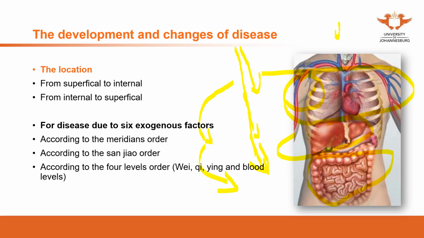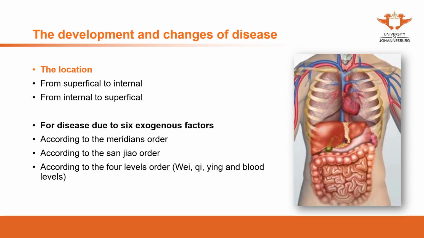So you can see the disease develops deeper and deeper from upper to middle to lower jaw. If the disease happens in the other direction, from the lower jaw back to the middle jaw or directly back to the upper jaw, you can see the disease is recovering after the treatments.